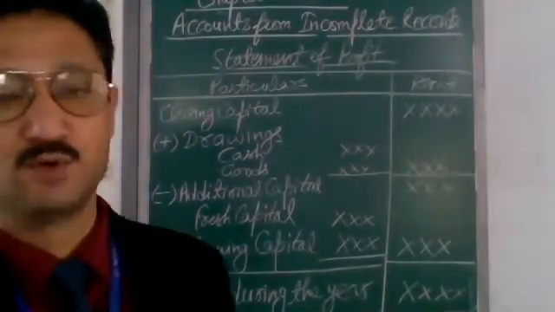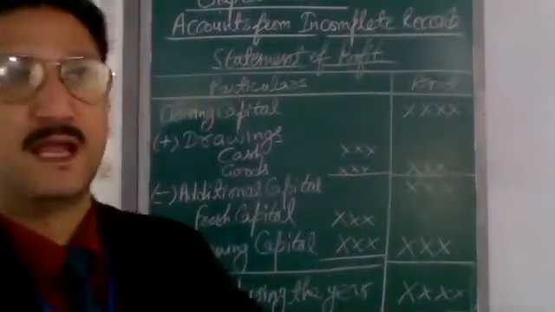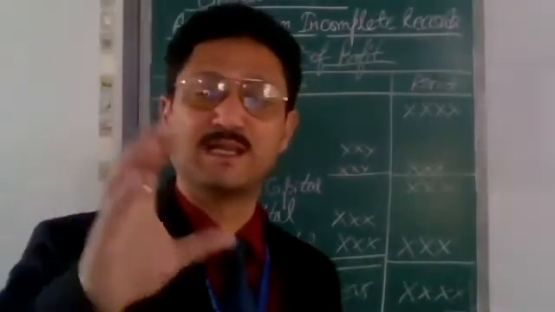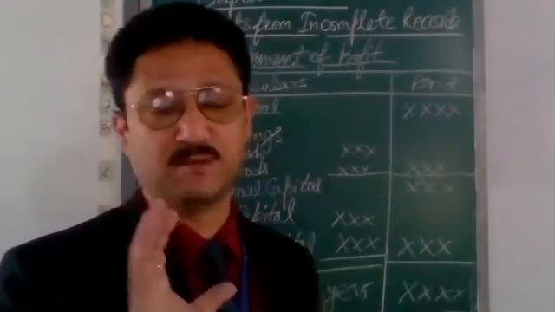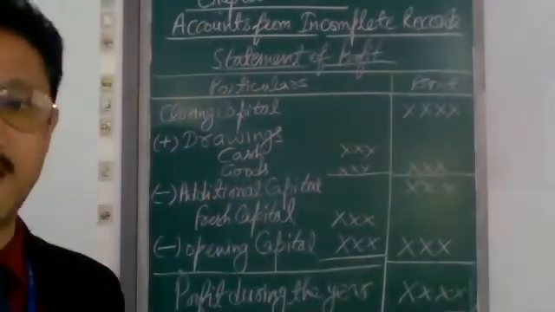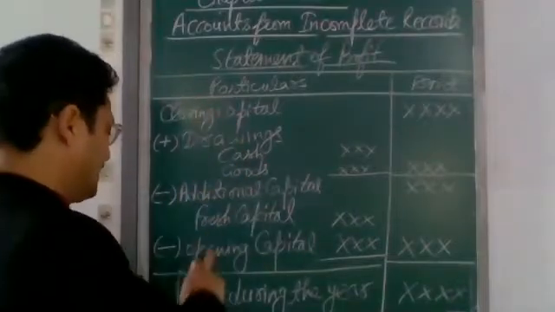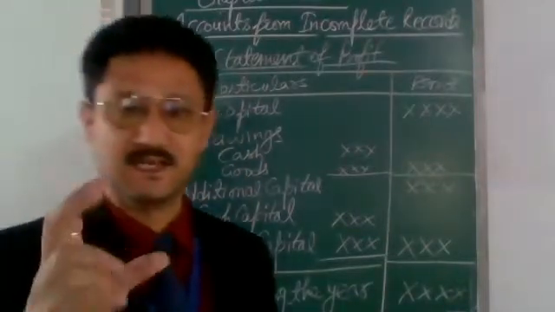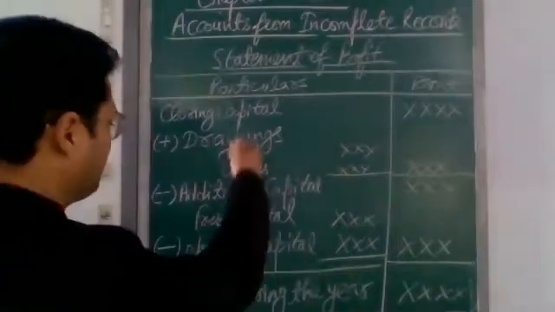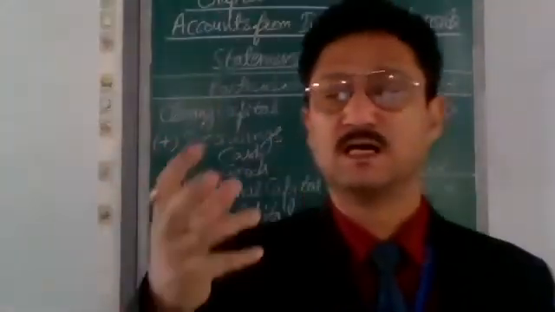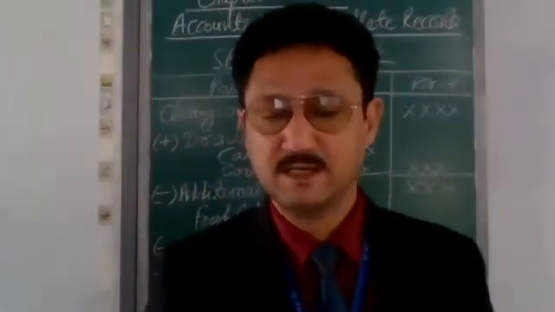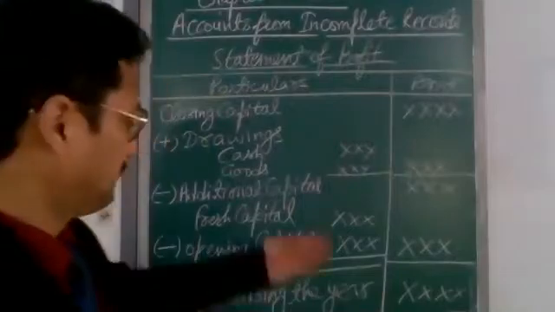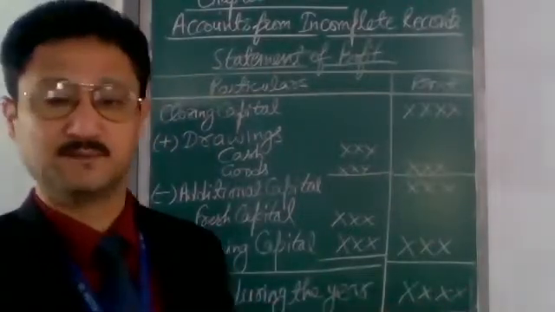In this chapter, you have to simply calculate the profits or losses made during the year. For that, you require closing capital and opening capital necessarily, and the other information about the drawings, about additional capital or fresh capital or other adjustments will be given, and then you have to find the profit made during the year.